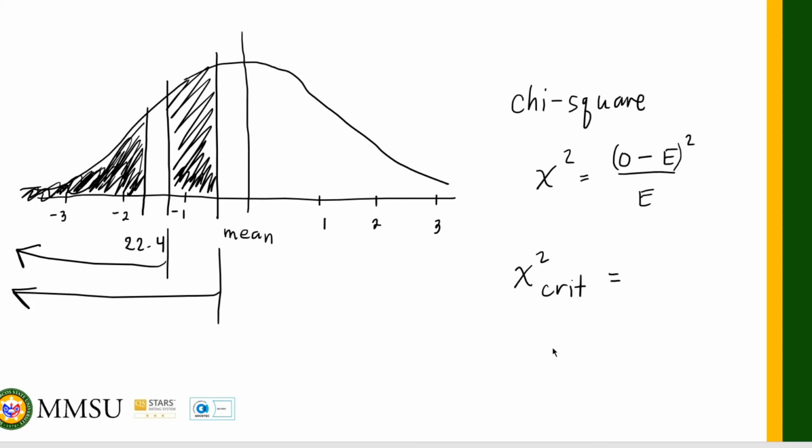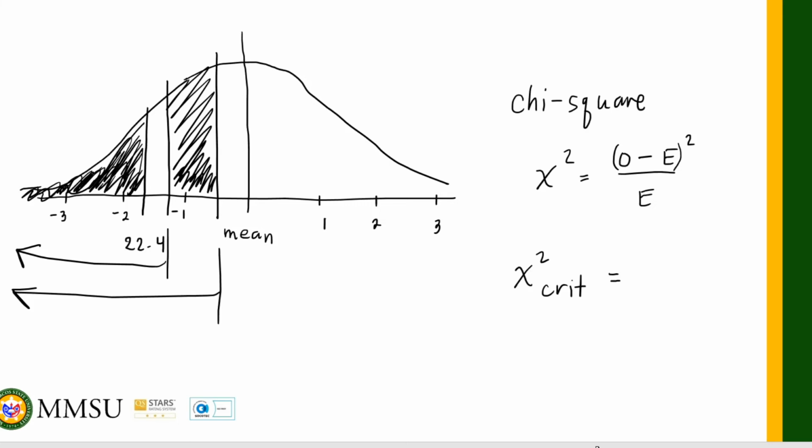Kasi pwede itong isolve mano-mano pero mas mabilis dito sa Excel. Ang pag-solve lang, ganito lang. I-type ko dito critical chi-square. For the critical chi-square, i-type lang natin chi.